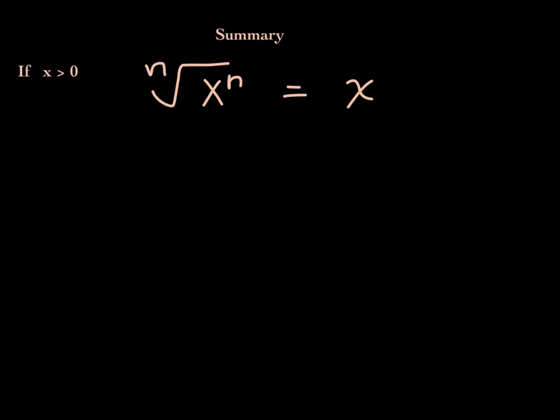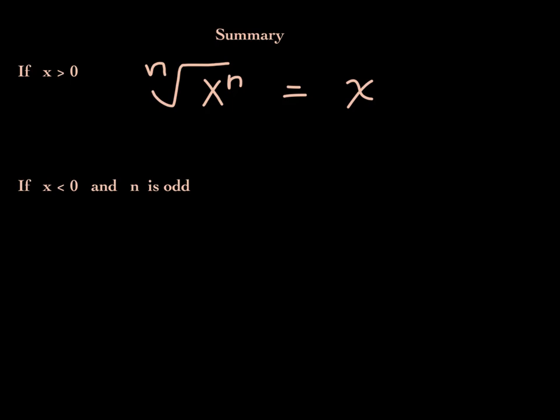The nth root and the nth power cancel each other out, if you will, right? Because they're opposite operations, and you're just left with x, right? The formal language here is x is the expression such that when you raise it to the nth power, you will get x to the nth power. X is the nth root of x to the n.